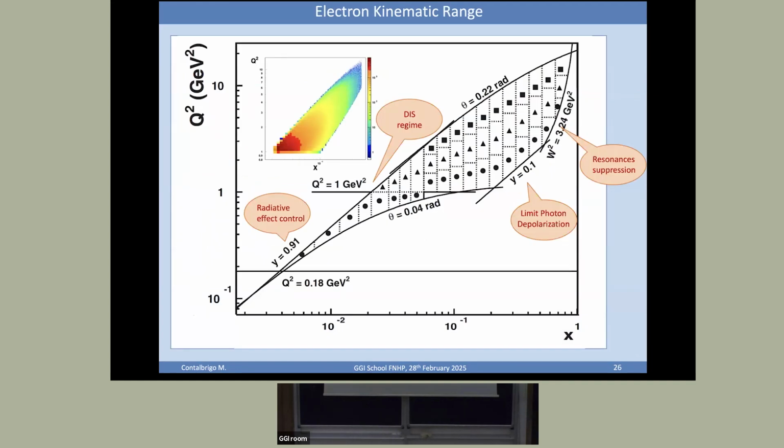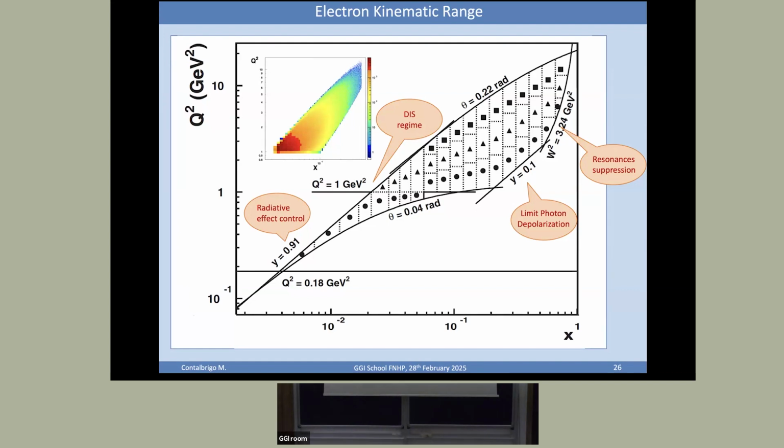So let me now try to argue a bit how we design the experiment and treat the data. Typically, a Deep-Inelastic scattering experiment has this distribution in x and Q². Unfortunately, the cross-section falls very fast with Q², so the majority of the events are there.